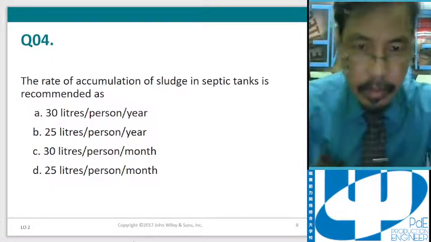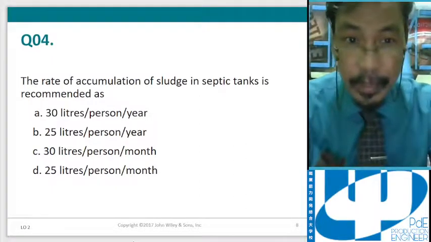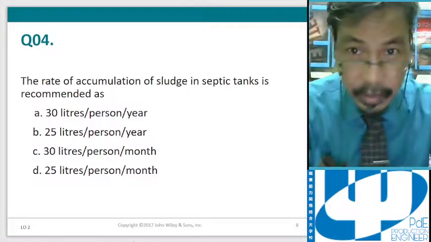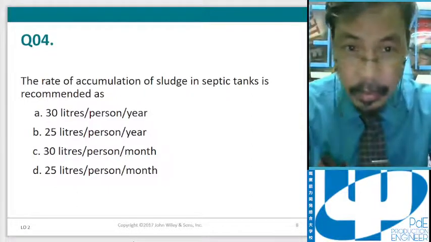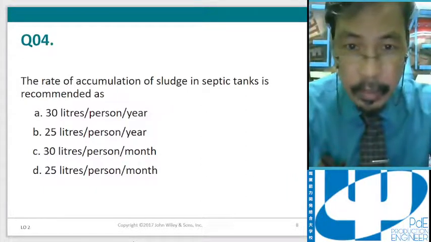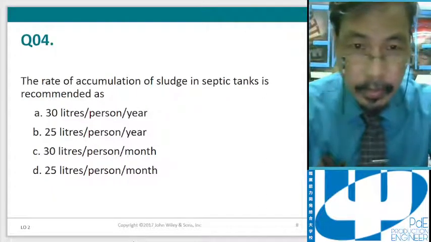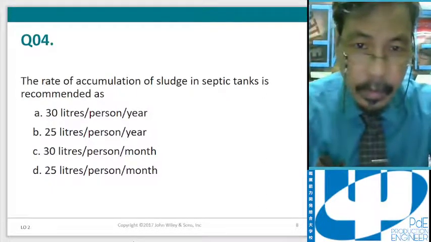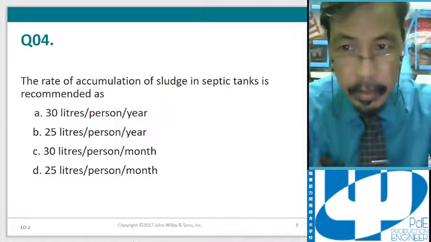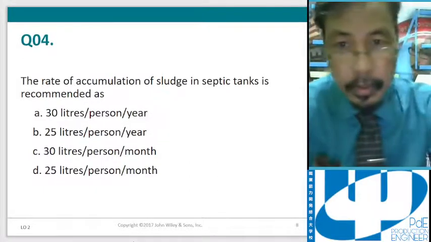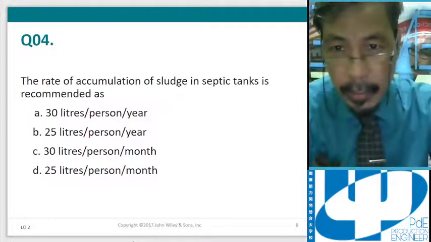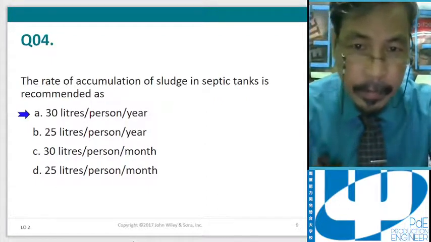Letter A, 30 liters per person per year. So this is sludge, not including the water. B, 25 liters per person per year. C, 30 liters per person per month. Letter D, 25 liters per person per month. So the answer is letter A.